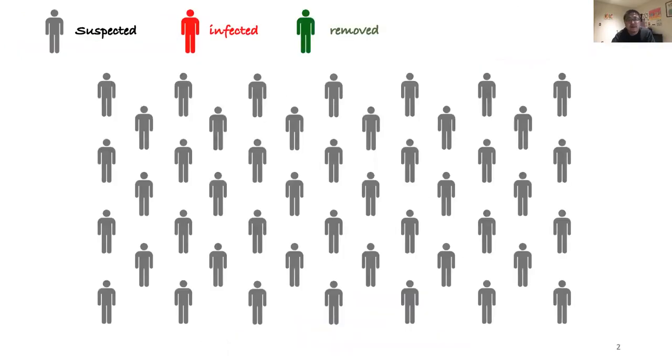So first, we're going to talk about some conventional epidemiology based compartment models. Those compartment models partition the population into different compartments. For example, the most basic susceptible, infected, and removed model is referred to as the SIR model.